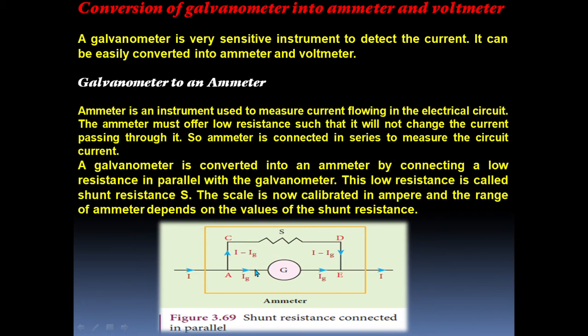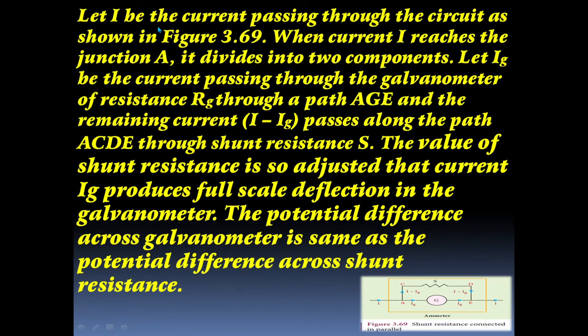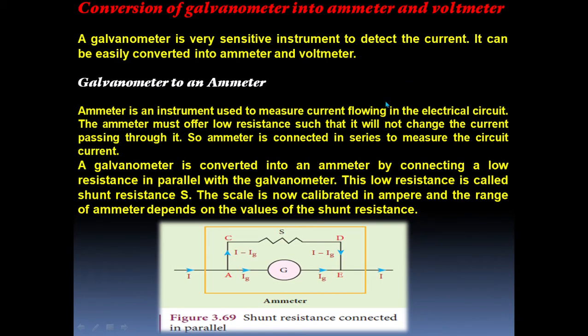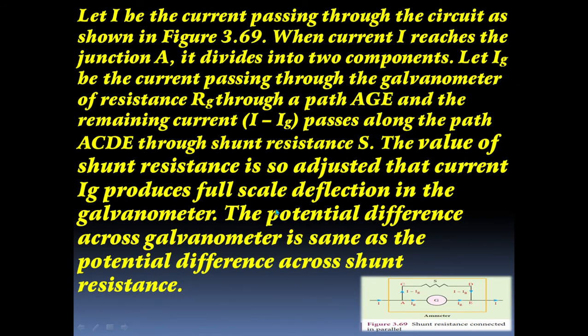Now, let I be the current passing through the circuit as shown in the figure. When the current I reaches the junction A, it divides into two components. One is the Ig current, and another component is the I minus Ig current. Let Ig be the current passing through the galvanometer of resistance Rg through the path AGE.